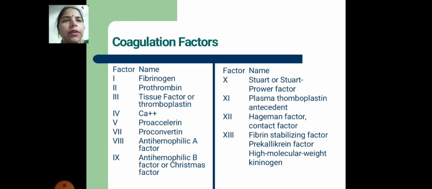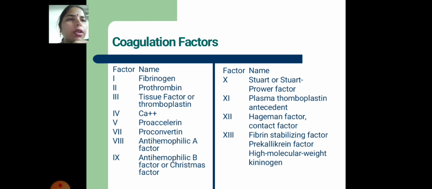Next is the coagulation factors. The factor names are fibrinogen, prothrombin, tissue factor or thromboplastin, calcium, proaccelerin, proconvertin, anti-hemophilic A factor, and anti-hemophilic B factor or Christmas factor.